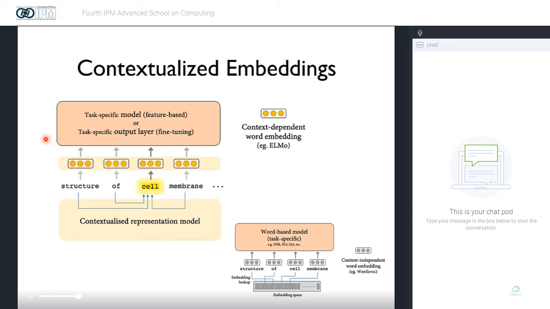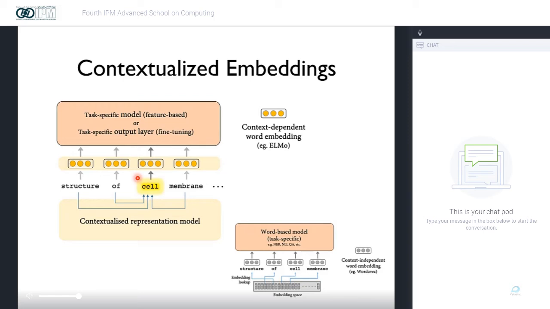But in the contextualized embedding, or in the dynamic model, we also take into account the context. So the representation model not only takes the target word, but it also takes the context in which the word appears. And according to the context, it adapts the representation for the target words.